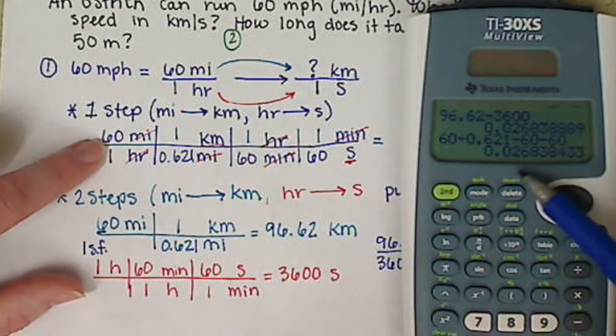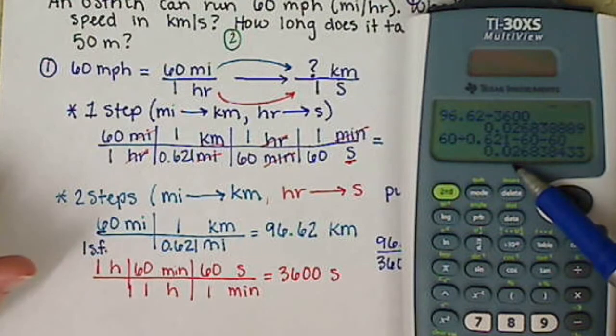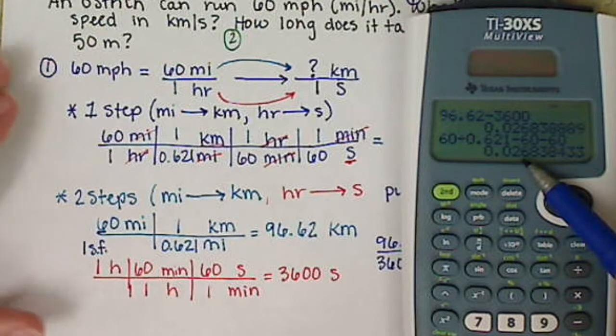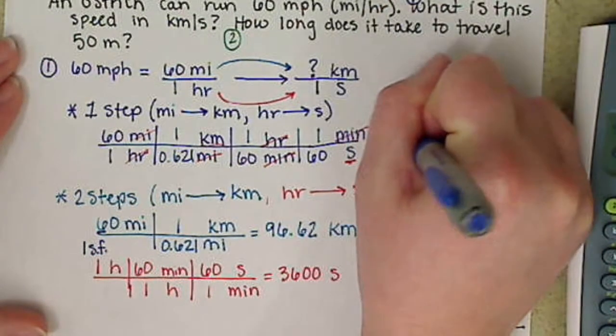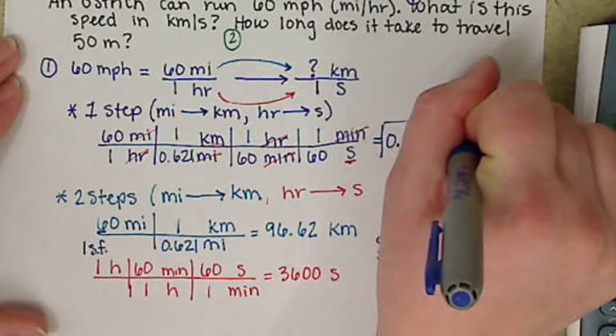I'm still looking for just one significant figure. So I have my 2 there. I have to round it up because there's a 6 next to it. So I have 0.03 kilometers per second.